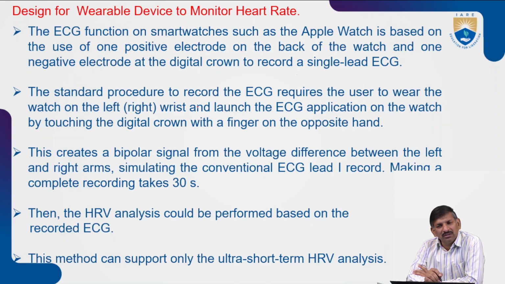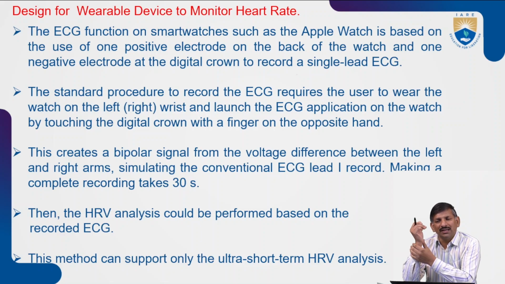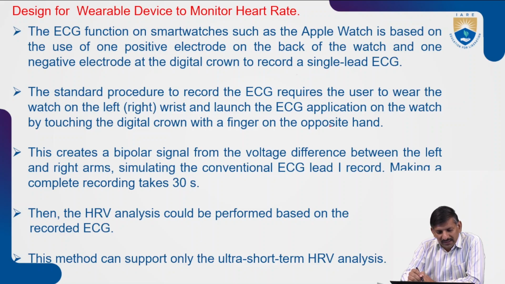The standard procedure to record the ECG requires the user to wear the watch on the left wrist and launch the ECG application on the watch by touching the digital crown with a finger on the opposite hand. This creates a bipolar signal from the voltage difference between the left and right arms, simulating the conventional ECG lead I record. Making a complete recording takes only 30 seconds.